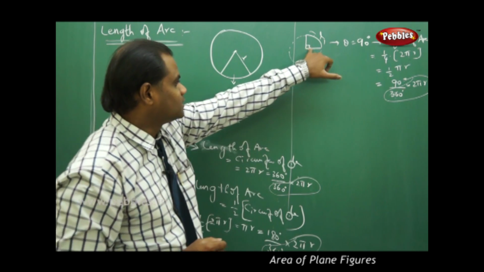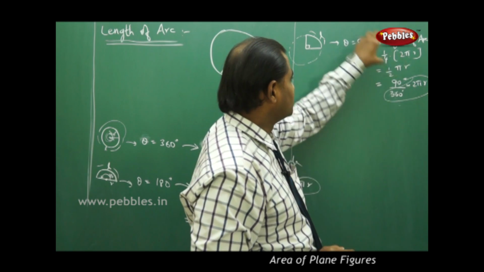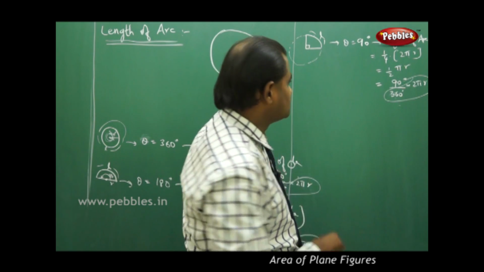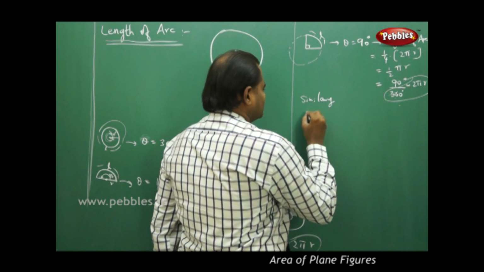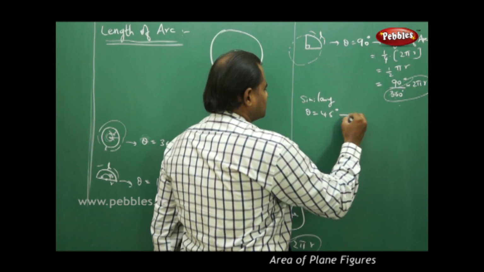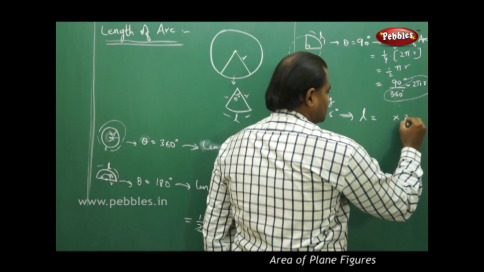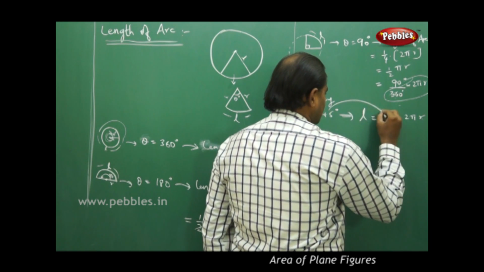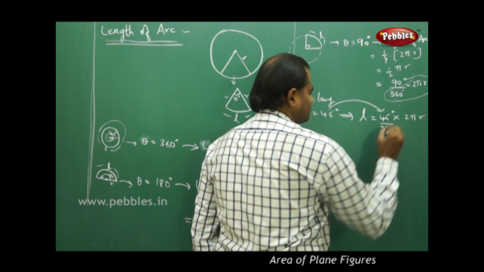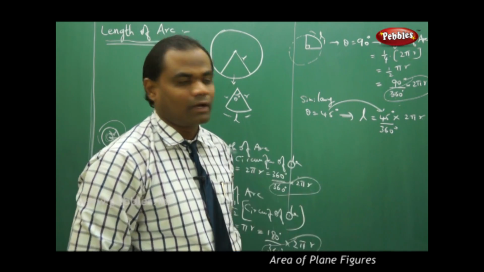Here the angle is 90, so 2 pi r by 360 is multiplied with that angle 90. Similarly, if I have theta is 45 degrees, then the length of the arc is 2 pi r by 360 multiplied with this angle coming here as 45. So this is how I obtain the conjecture for length of arc.